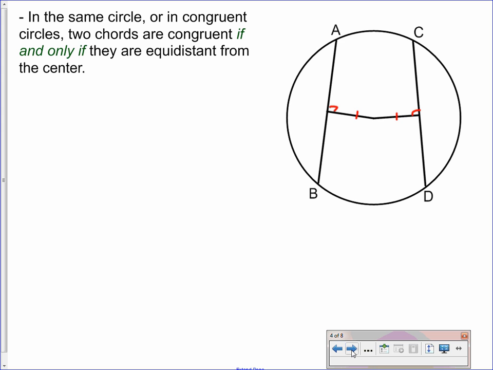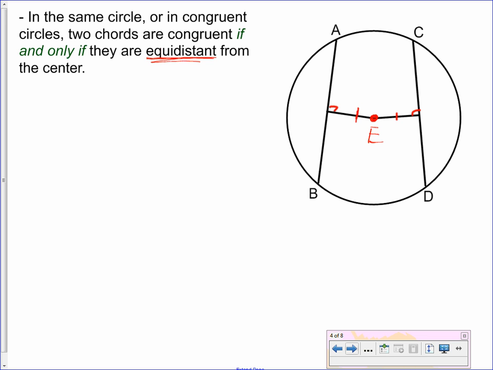In the same circle, or in congruent circles again, two chords are congruent if and only if they are equidistant from the center. So if this is the center of the circle here, we'll call it circle E. Now that term, equidistant, it means two things.